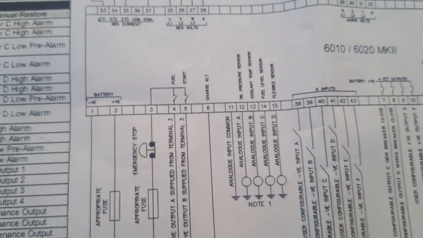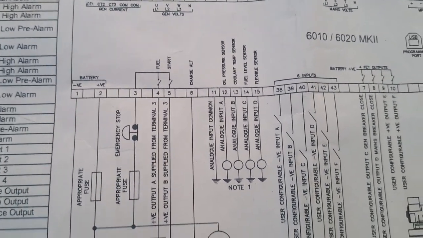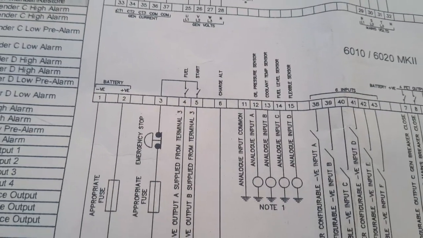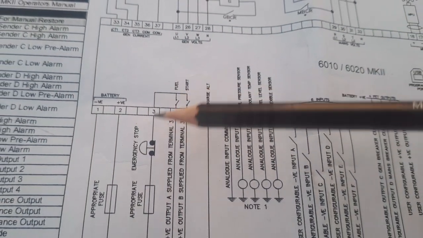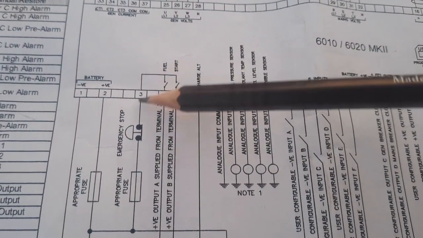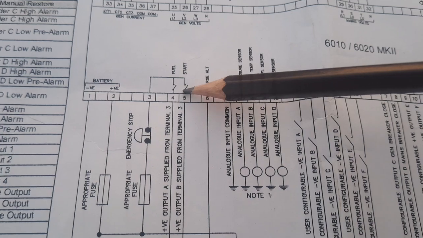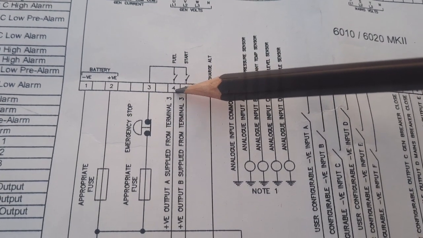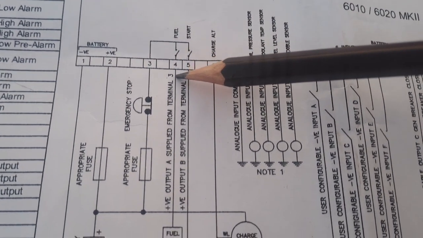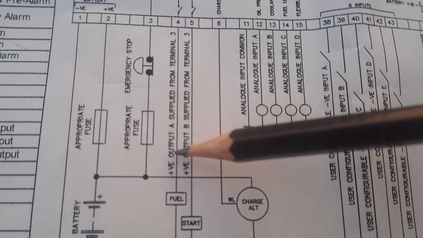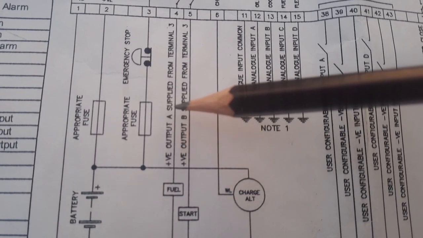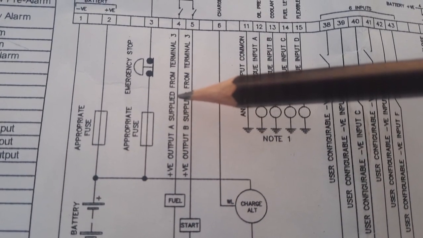Emergency stop is normally closed switch. This power going inside the controller, and then pin number 4 having output A, speed.